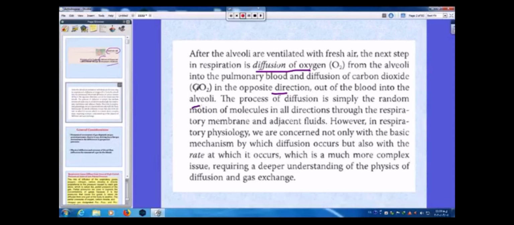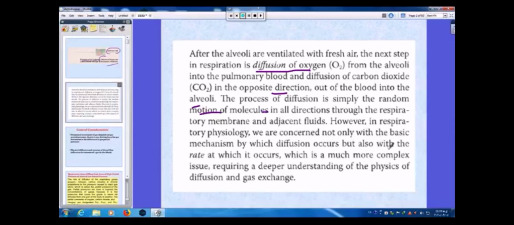The direction is opposite between oxygen and CO2. The process of diffusion is simply the random motion of molecules in all directions through the respiratory membrane and adjacent fluids.